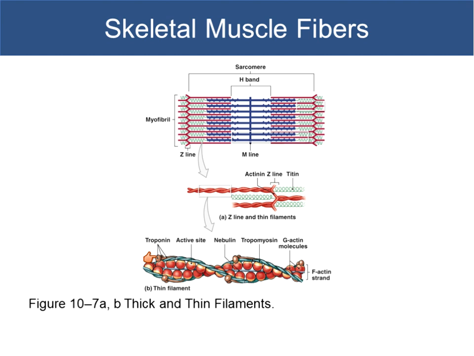And then you have troponin, which are those globular proteins that are held in place. If calcium were to be released, that calcium would bind to troponin, cause tropomyosin, the green thing, to roll off of the active site, the yellow part on the red balls, and when that active site is exposed, the myosin can interact with the actin. And when that actin myosin interaction takes place, that's what we have as a contraction.